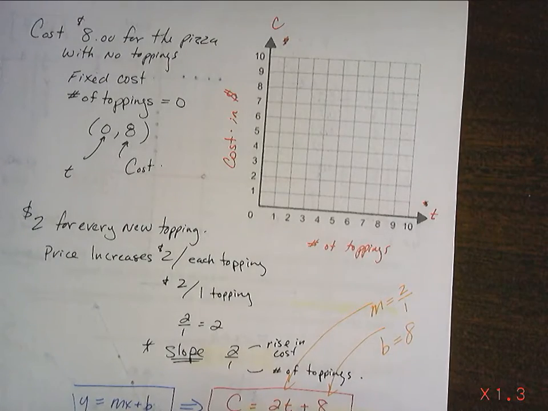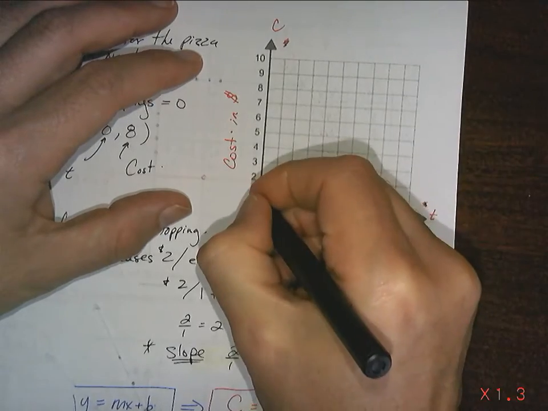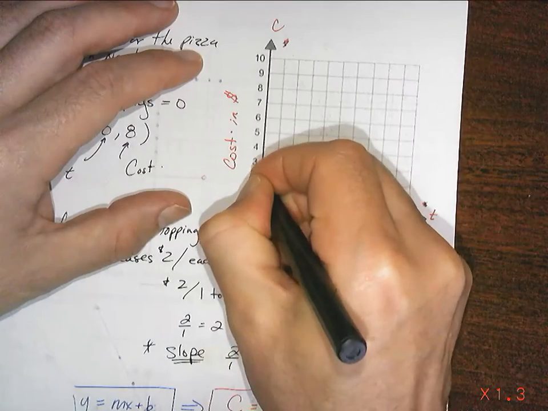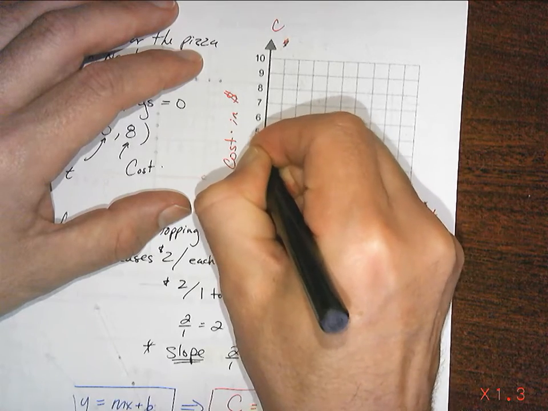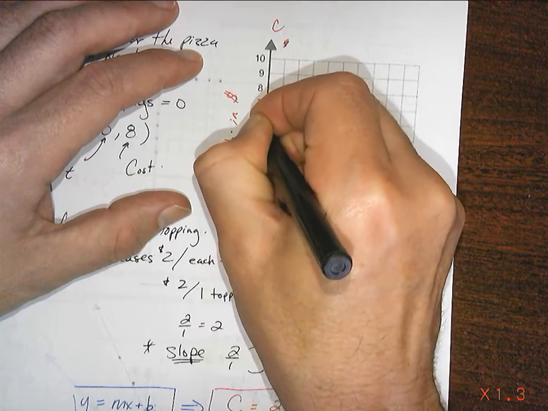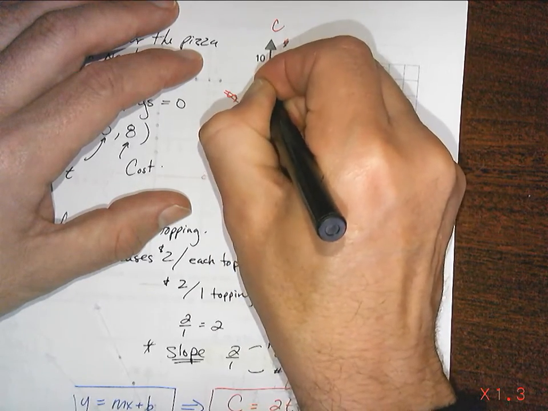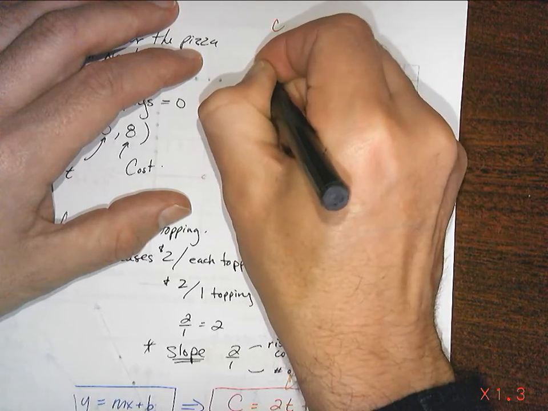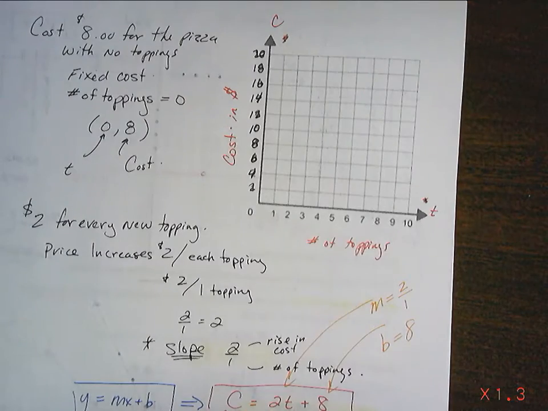My scale's horrible for doing this. So let's change the scale. Let's make this a 2. That makes this a 4. That makes this a 6. An 8. A 10. A 12. A 14. A 16. An 18. And a 20. So let's make that a much better scale.